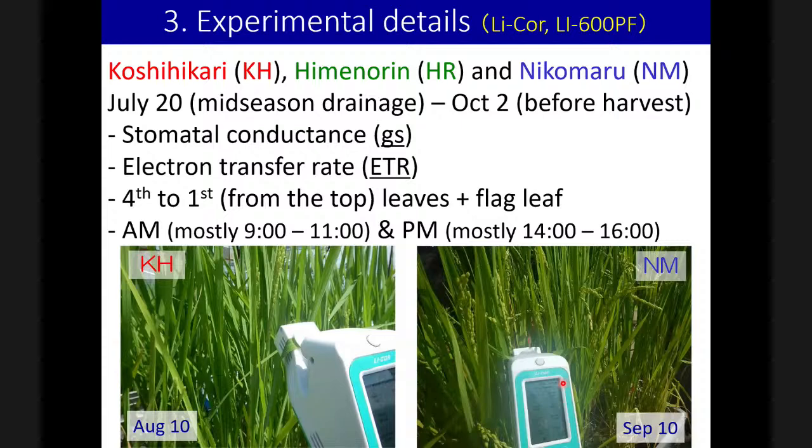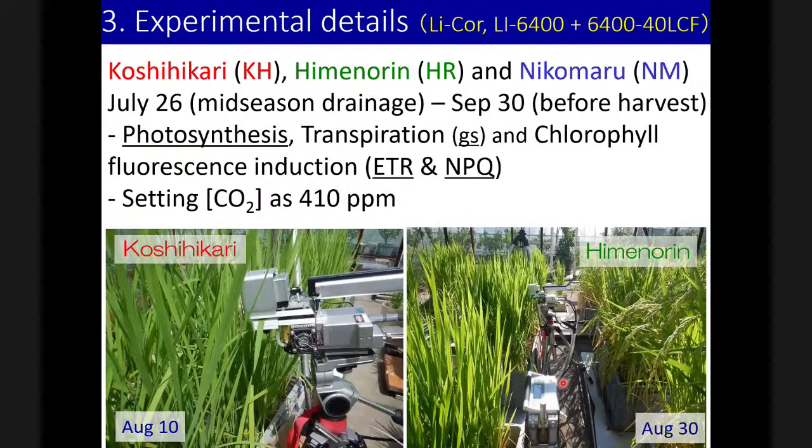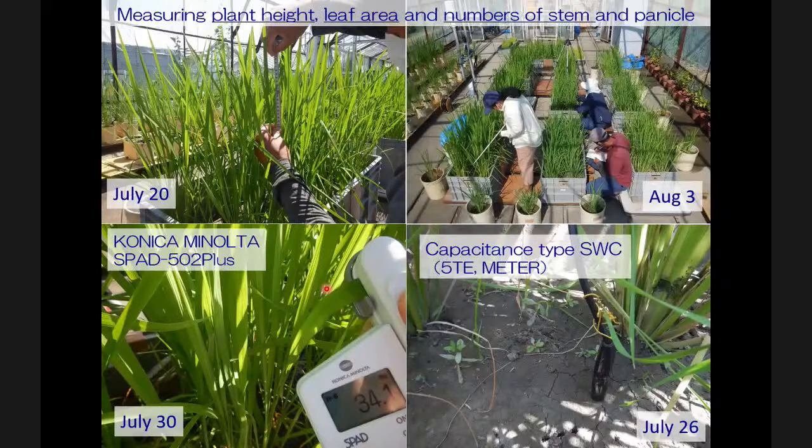Photosynthesis and other parameters were measured by this instrument, though I will not show those results in detail today. SPAD value was measured very simply by this instrument. And soil water content was measured manually.